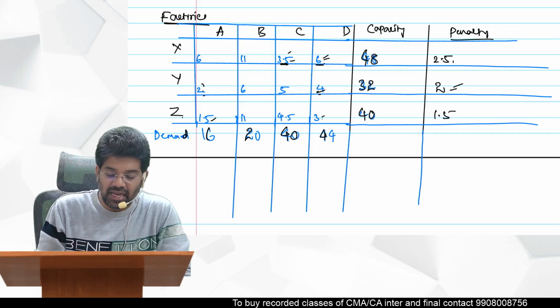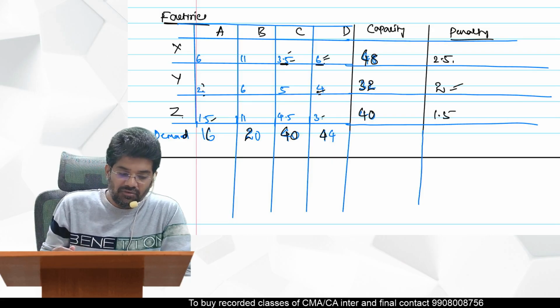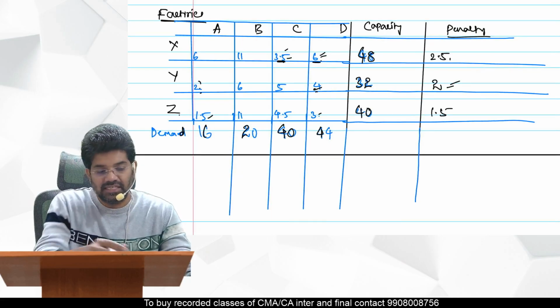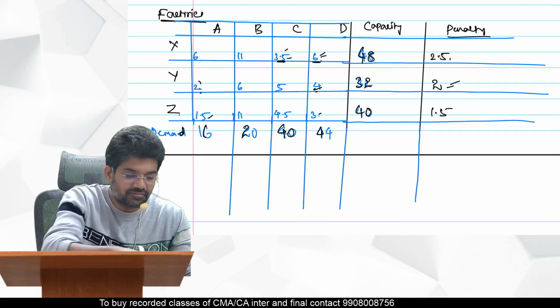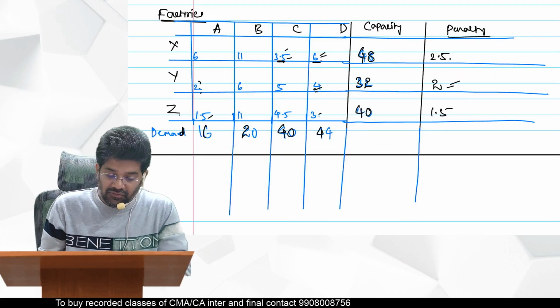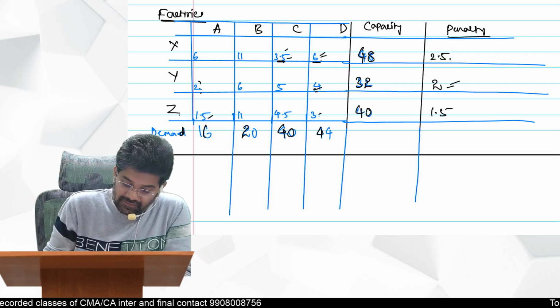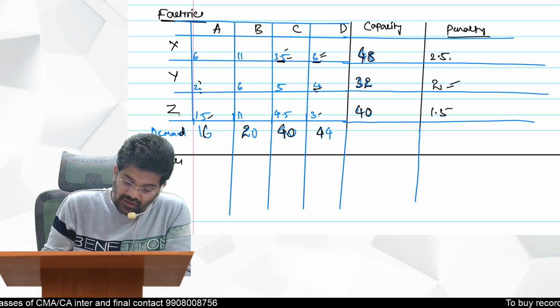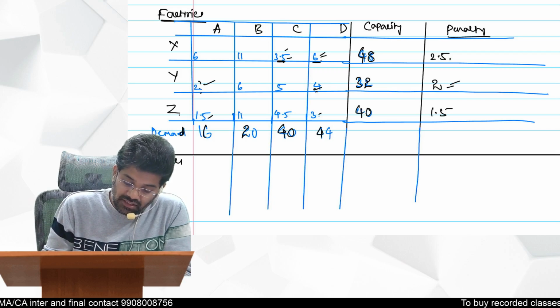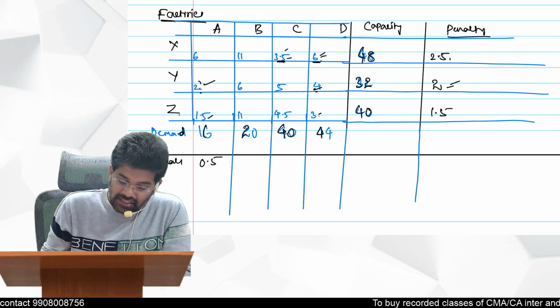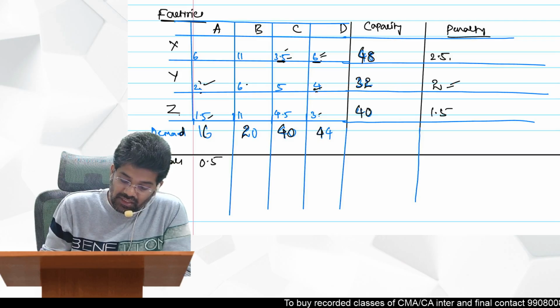The same penalty you should calculate column wise also. So let us calculate column wise now. First column penalty: least is 2, next 1.5 and then 2, so 0.5. Next, 6 and the next one is 11, so 5.